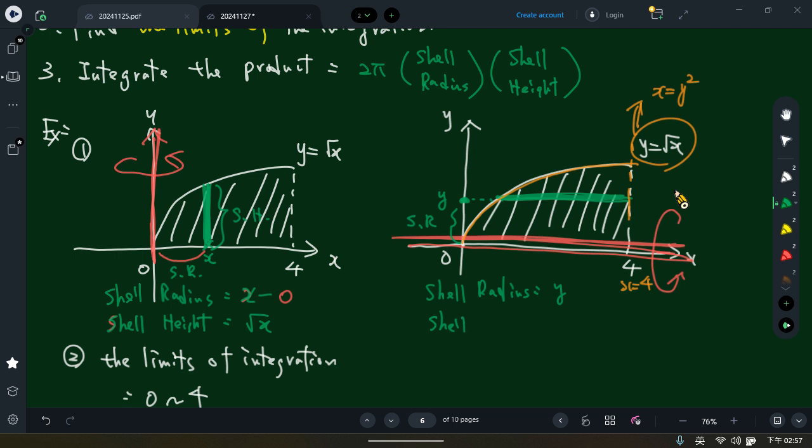As for its shear height, it will be 4 minus y squared. That means here is its shear height. The shear height will be here. You need to calculate its distance. So the shear height will be 4 minus y squared.